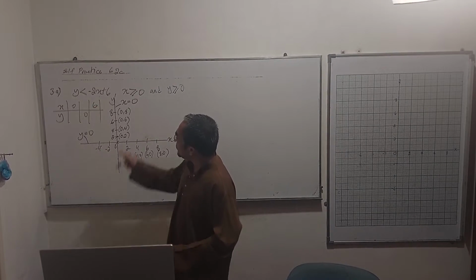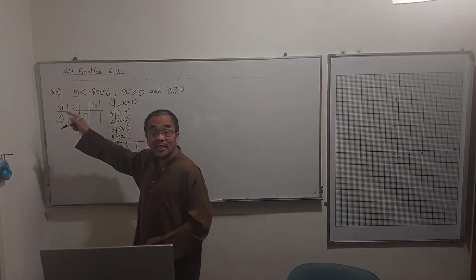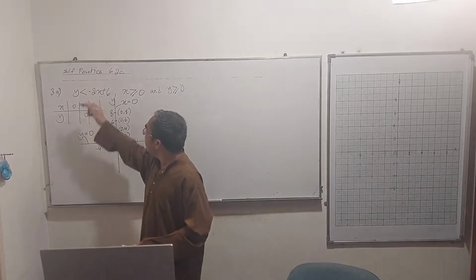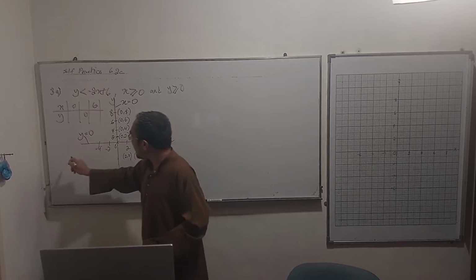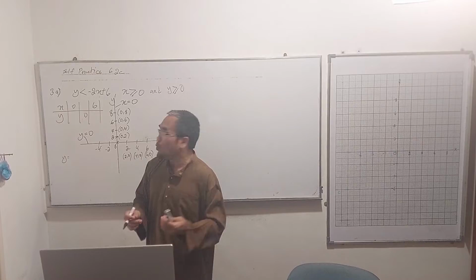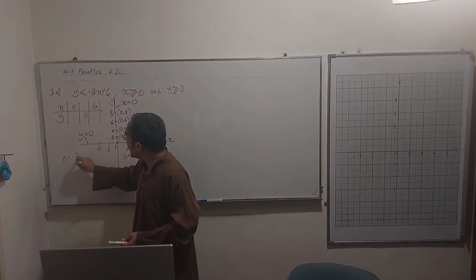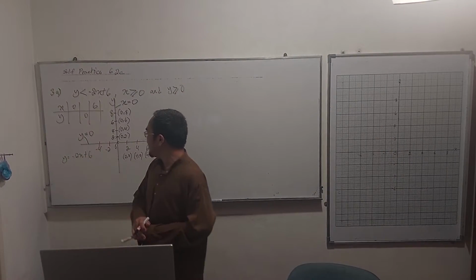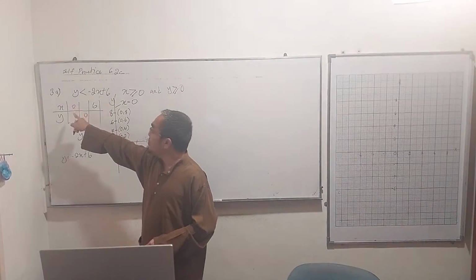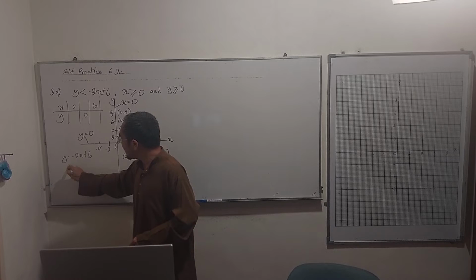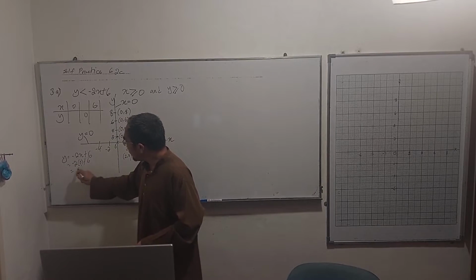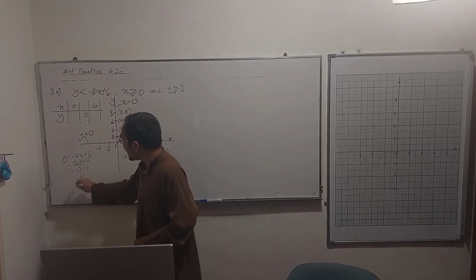So what you do after that: you first write down y equals negative 2x plus 6. Then you pick x as 0 and replace: negative 2 times 0 plus 6 will be 0 plus 6, which is 6.